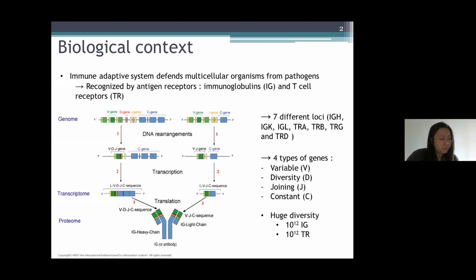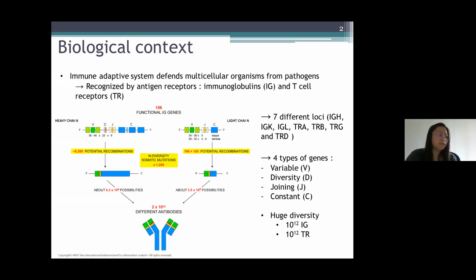The synthesis of IG and TR proteins requires DNA rearrangement, followed by splicing at the RNA level, and complex molecular mechanisms such as N-diversity and somatic hypermutation that occur in B cells and T cells are also at the origin of that huge diversity.